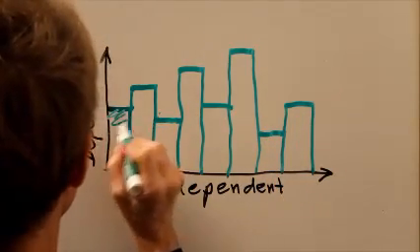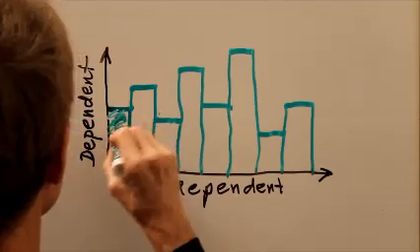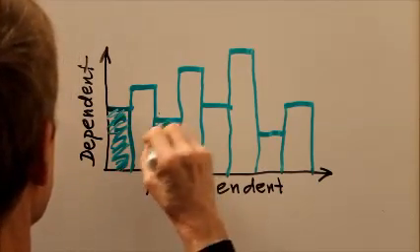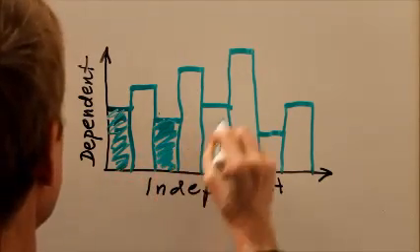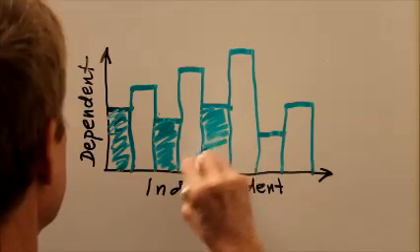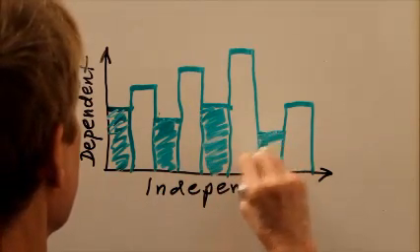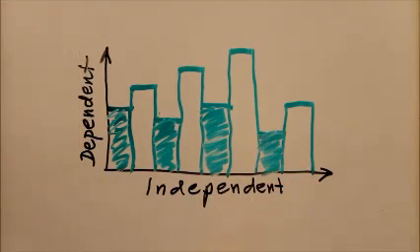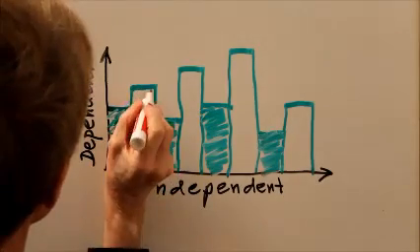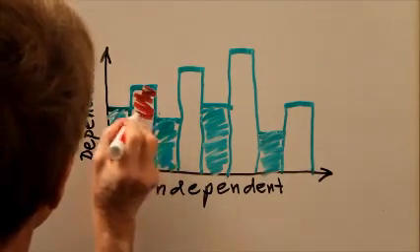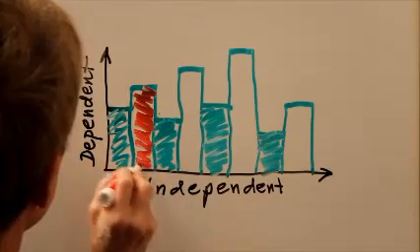Sometimes they will shade alternate bars to make them a little bit easier to distinguish from one another. If you want to get really fancy, you can shade them with different colors.